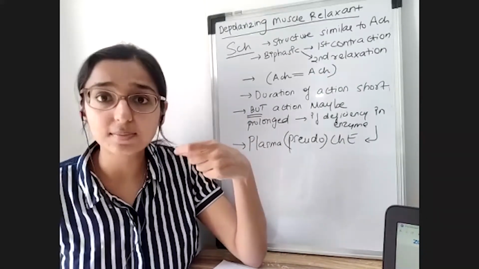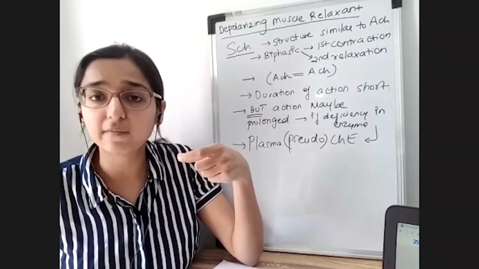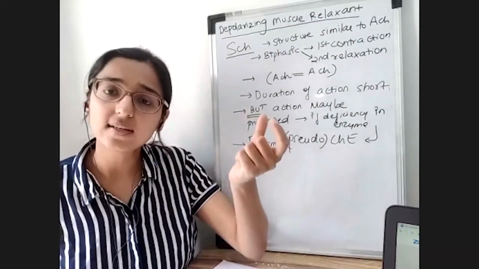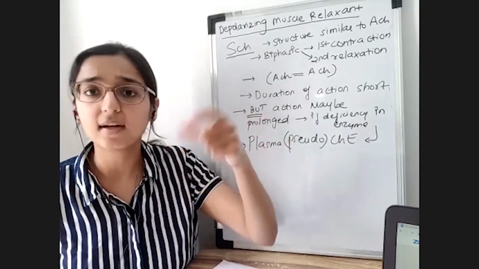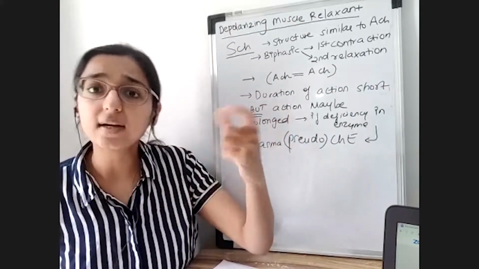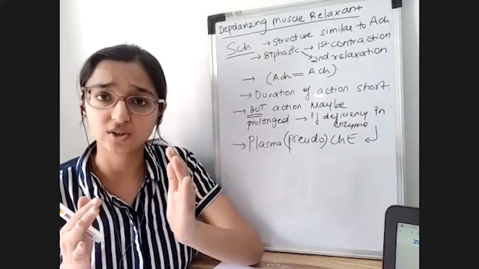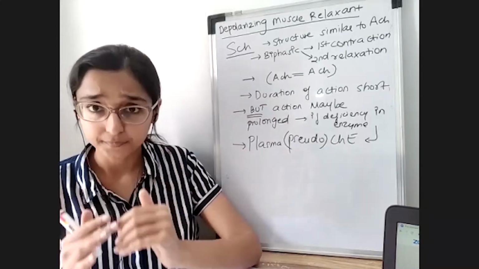But as you know, its mechanism of action and behavior is very similar to acetylcholine. Hence, it will bind to the receptor and detach. It will bind, detach, bind, detach. It will repeatedly keep binding and detaching until its concentration in the junction decreases.